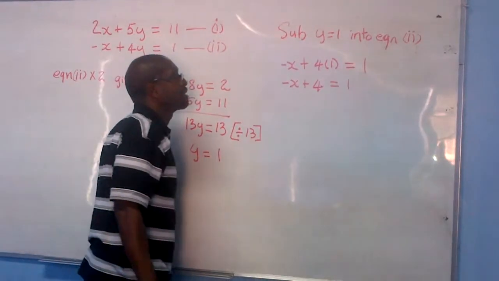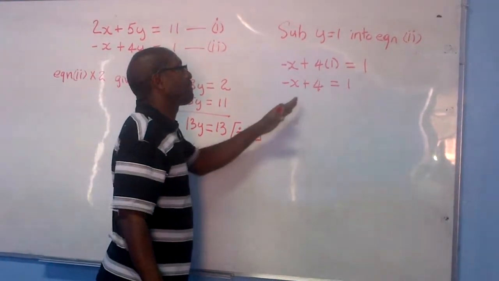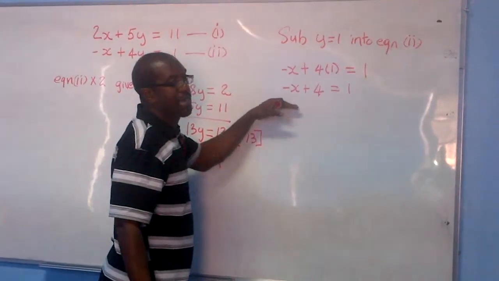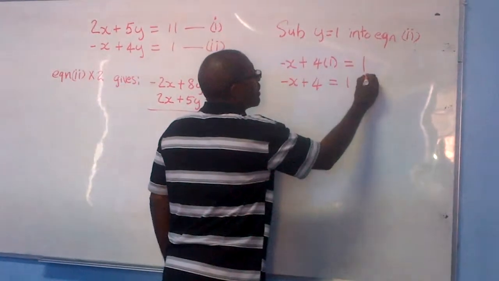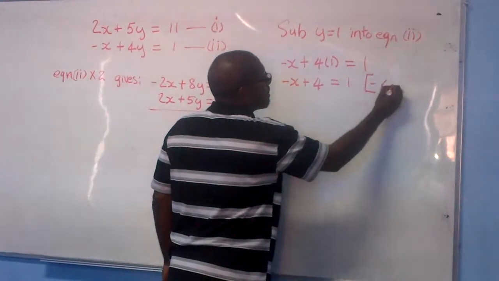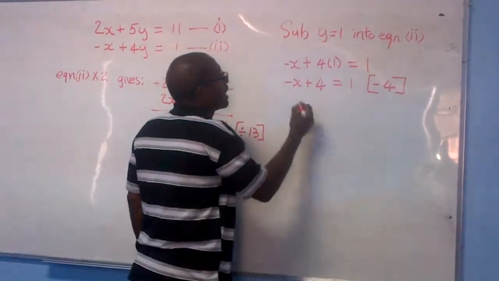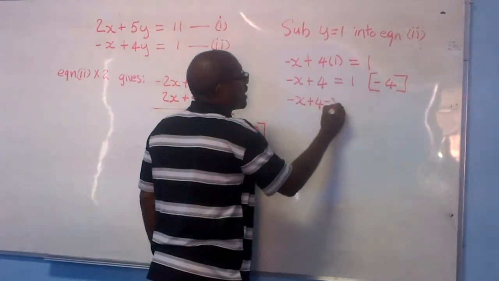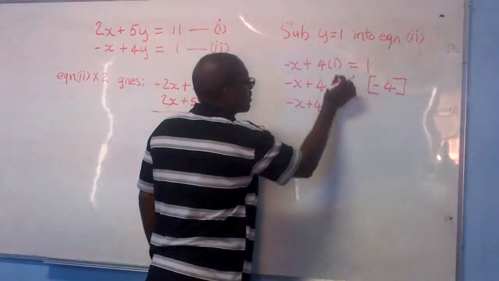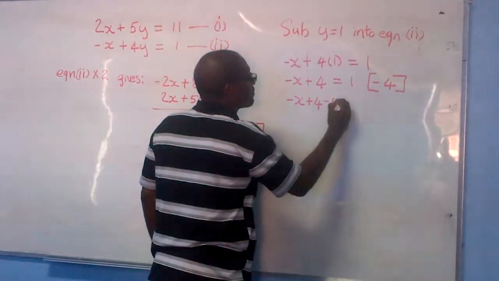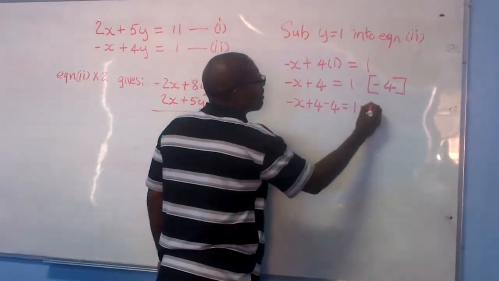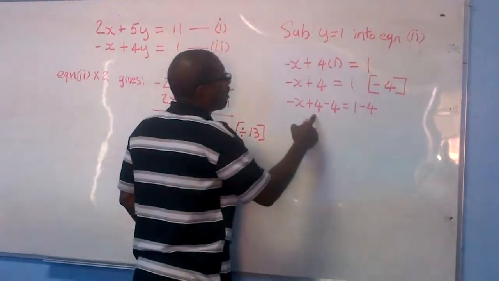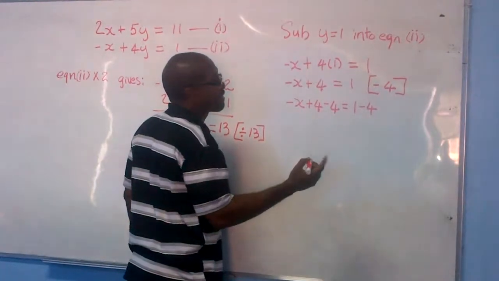Now our next objective is to get rid of the 4, because we only want to have x on the left side of the equation. So we will subtract 4 from each side of the equation, and we will have negative x plus 4 minus 4 equals 1 minus 4. 4 minus 4 gives 0.